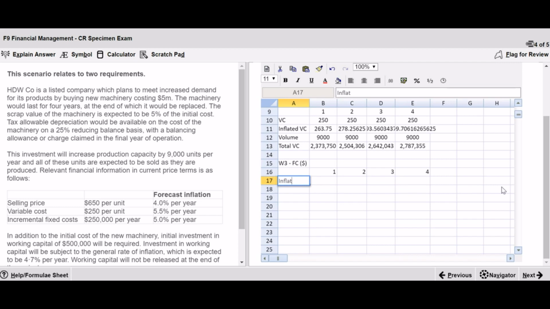We can directly do the inflated fixed cost here. So we can take the 250,000 and apply the 5% inflation on it. We can take the B17, apply the 5% inflation on it, and then I can just drag this forward and have my fixed costs in all these years.